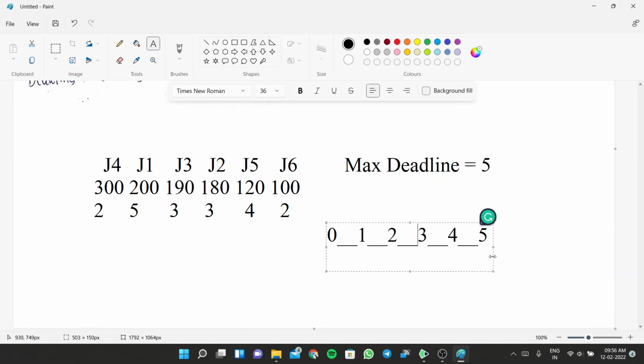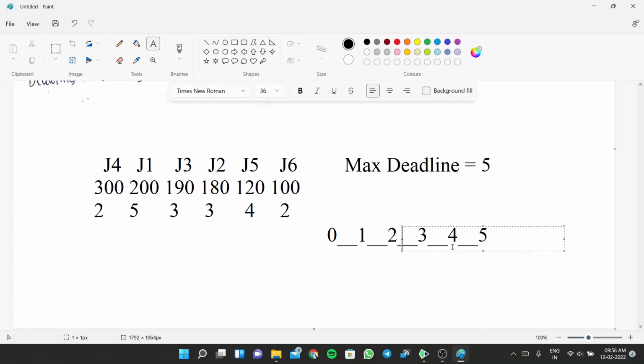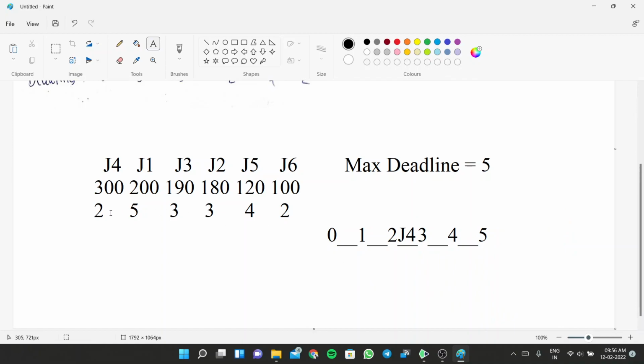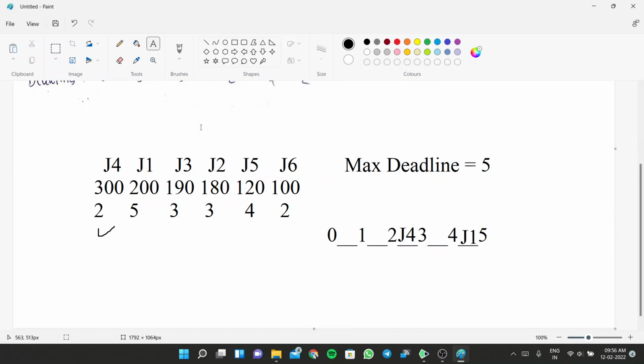So what is that order? Let us see. 300 is the maximum profit, so we need to complete job 4 before the deadline of 2. I will insert it here. Job 4 can be completed because it is free, so job 4 is done, and we put a tick mark. And then job 1, which should be done before 5, so I will put that before 5. Job 1 is also done, so I put a tick mark.